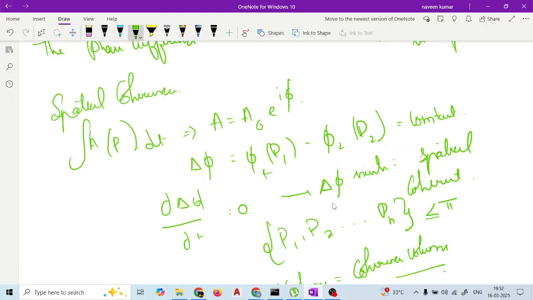The relationship between the spatial as well as the temporal coherence within this extended light source itself will come to a conclusion. The temporal and the spatial as well as the beam profile can be easily spotted with the help of interferometry concepts, and we are going to talk about interferometry.